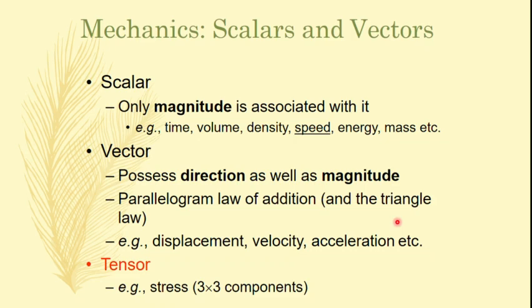The number 3 kilometers now has the required additional directional information attached to it. Such numbers are called vectors. Velocity or force are all vectors, since they have a magnitude as well as a direction.